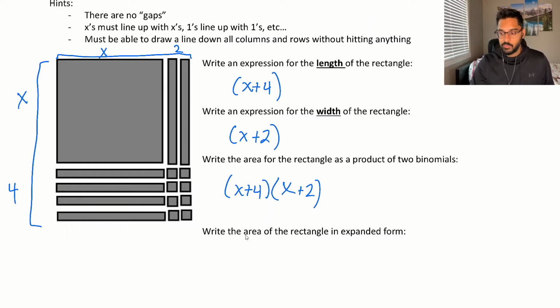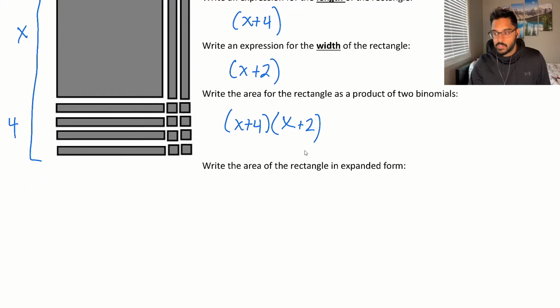So when we represent the area of this rectangle, really what we're doing is the length multiplied by the width. If we were to expand that set of brackets to do that binomial multiplication, you would get x squared plus 4x plus 2x, also plus 8 on the end.